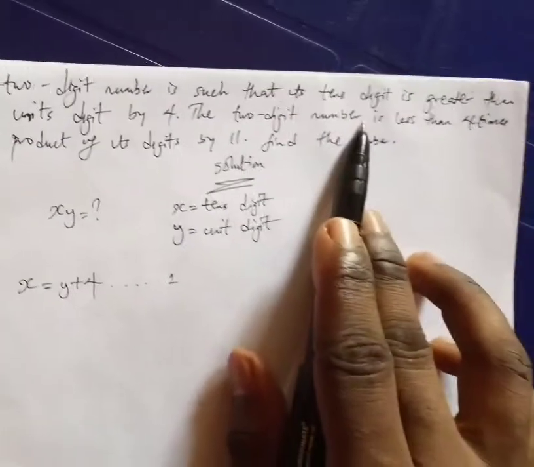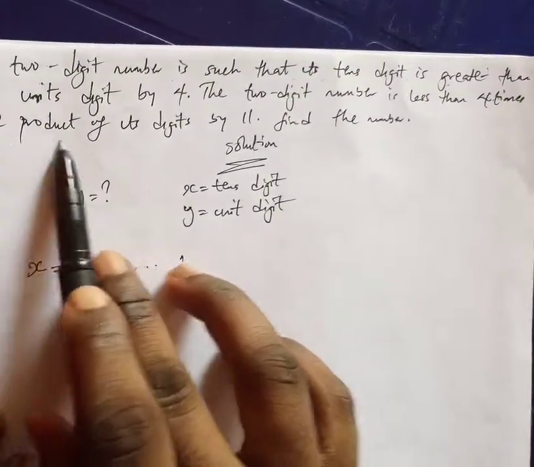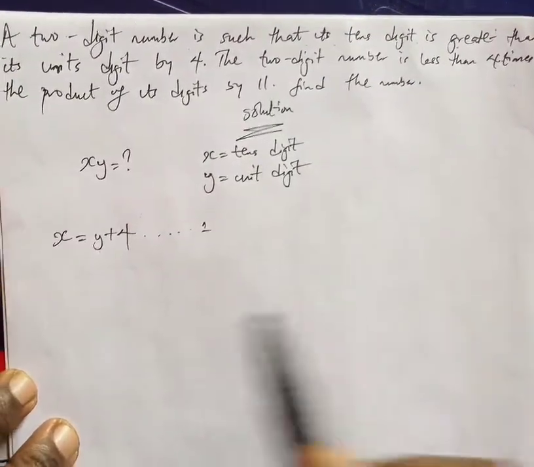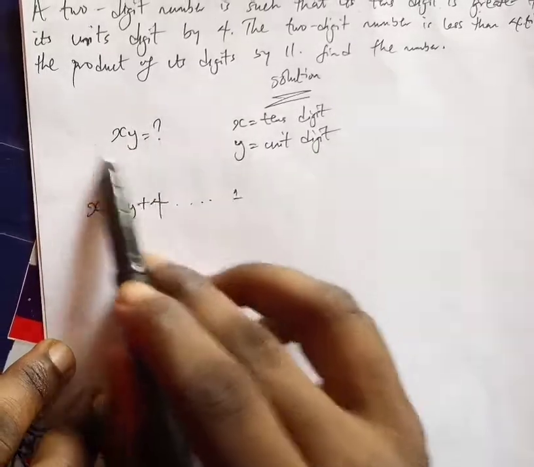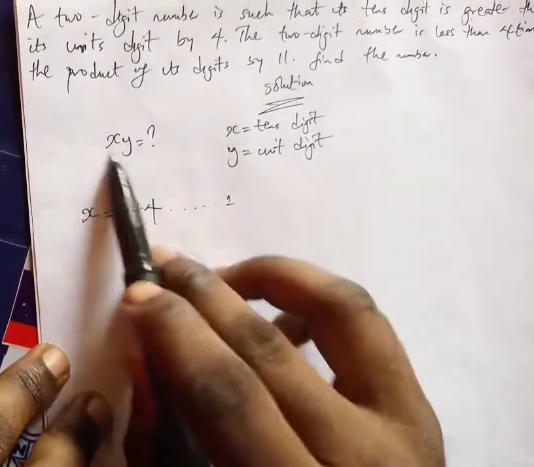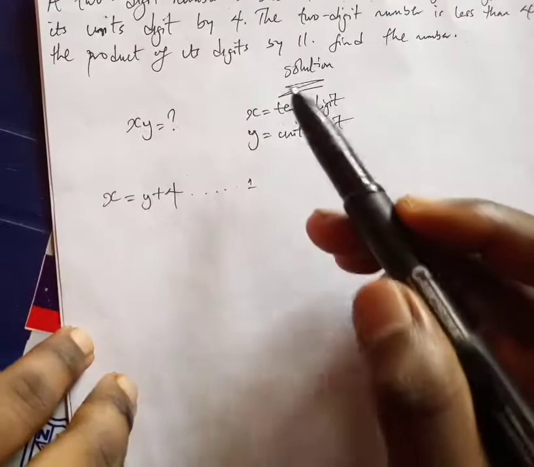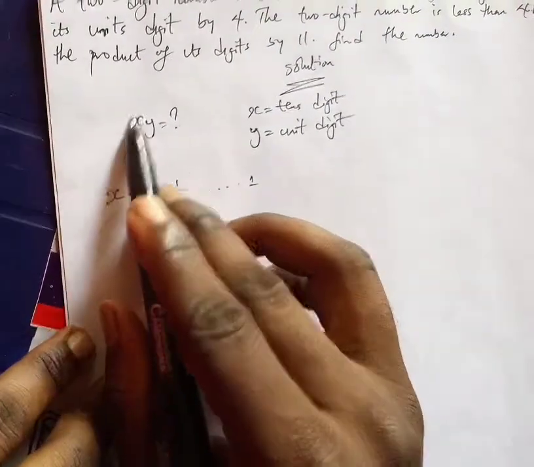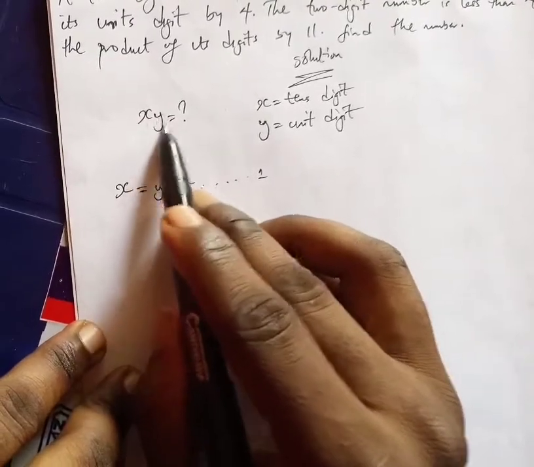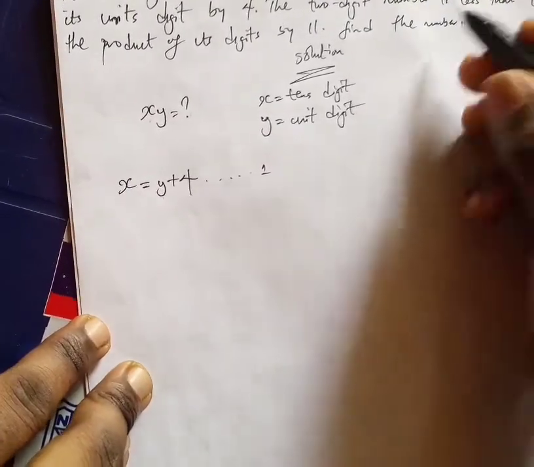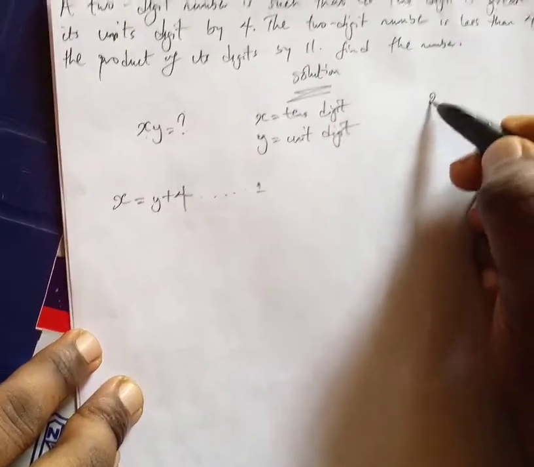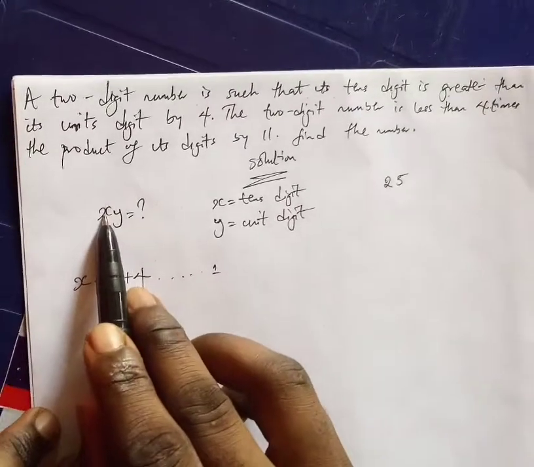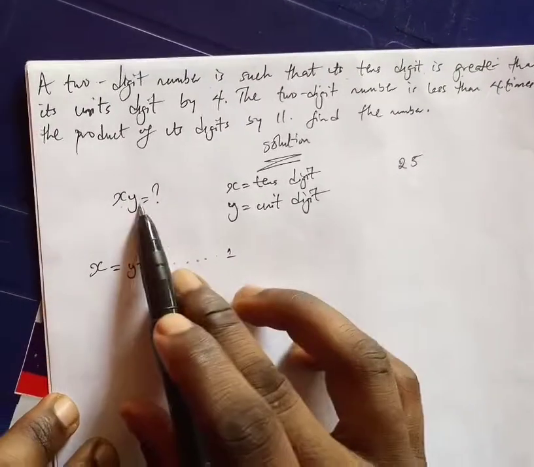Now the two-digit number is less than 4 times the product of its digits by 11. First and foremost, how do I know what these digits represent, or which other way can I represent this x and y? Since this is the tens digit and this is the unit digit, for example, if I have a number like 25, and I take this as the tens digit, this is 2 and this is 5.